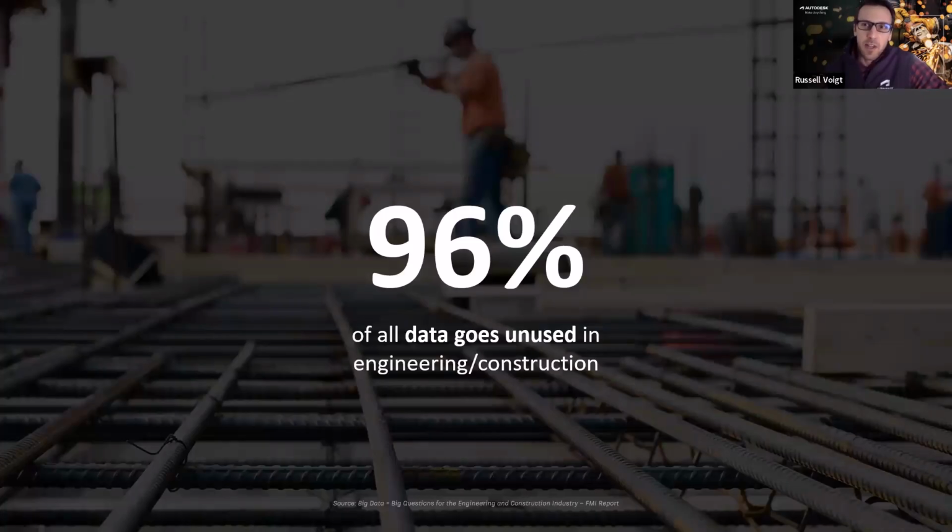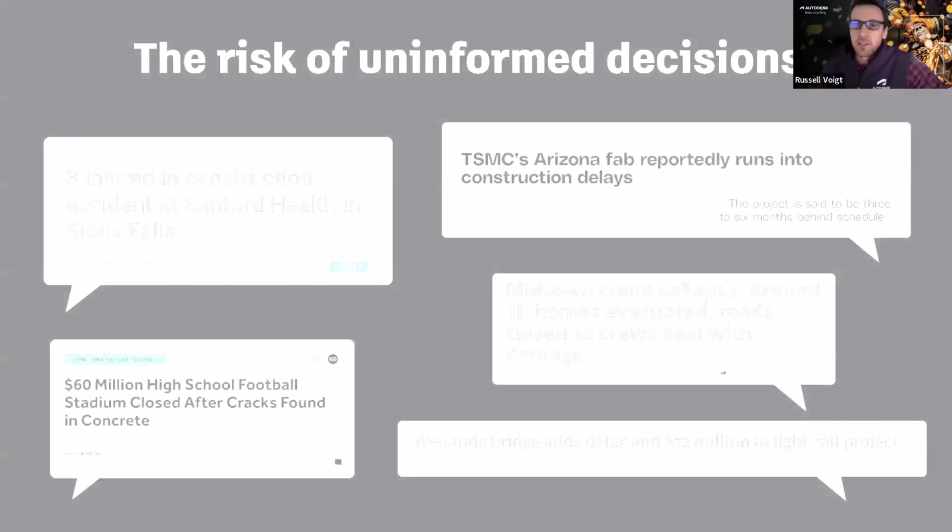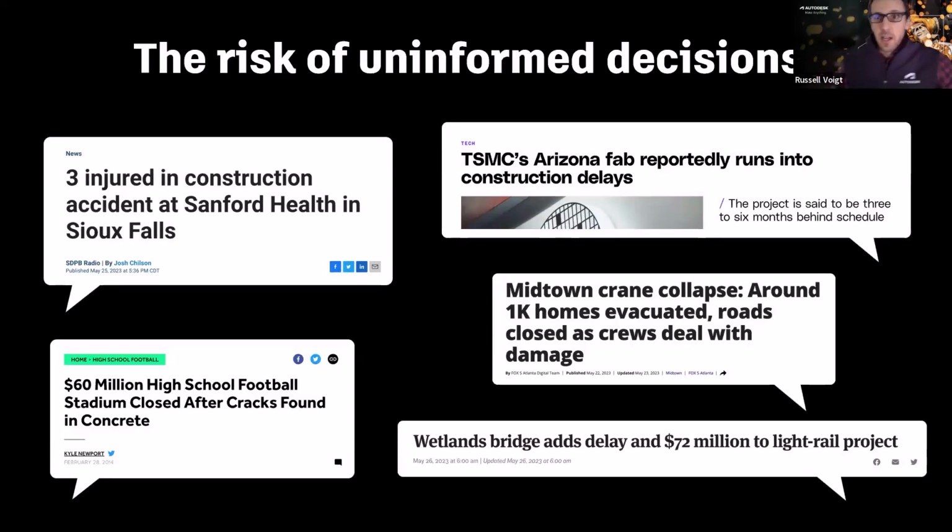But the other 1% of the time, you might be seeing issues that could potentially create headline situations. Could be massive schedule delays, huge change order arguments. It could be in the form of safety incidents, even fatalities.